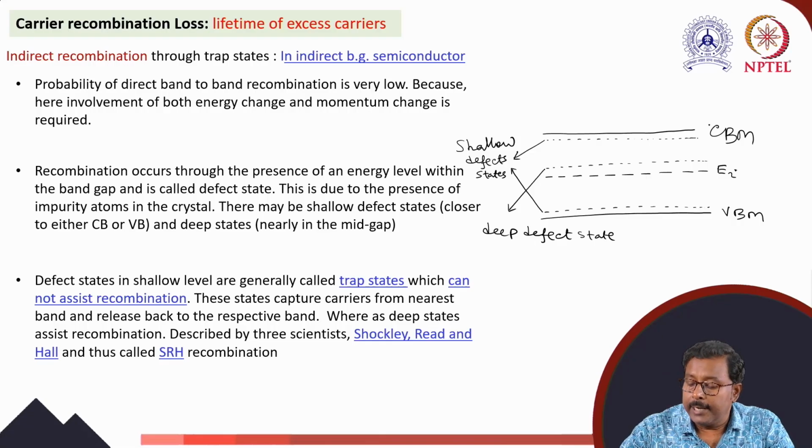Generally, 3 kT value is taken as a boundary for deep defect states and shallow defect states.